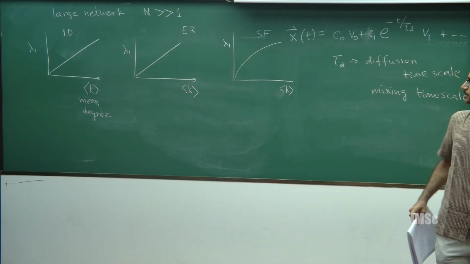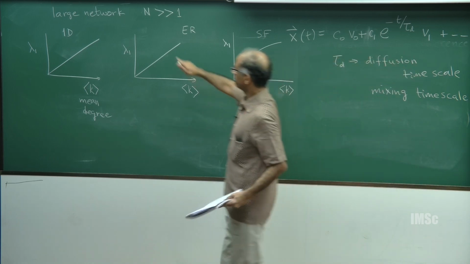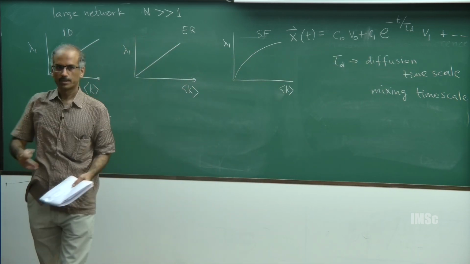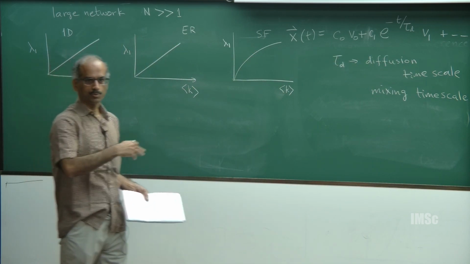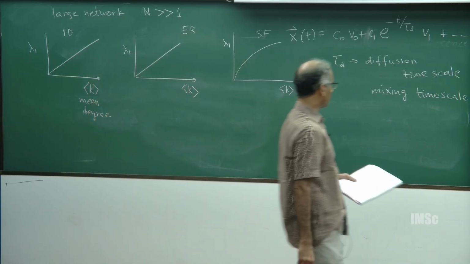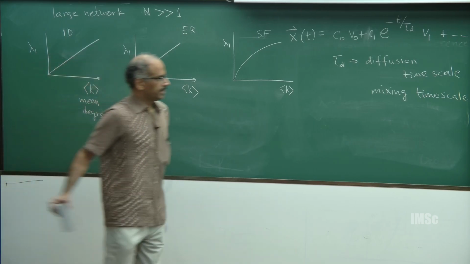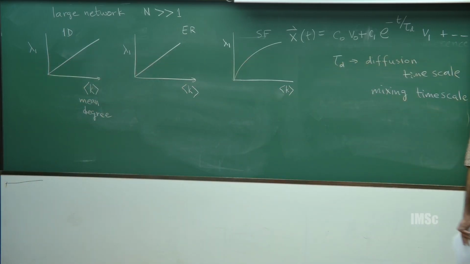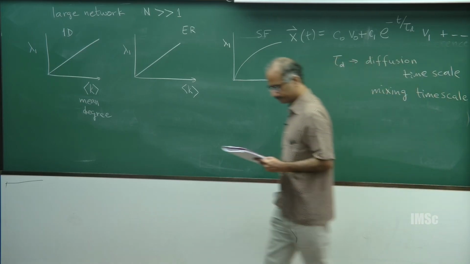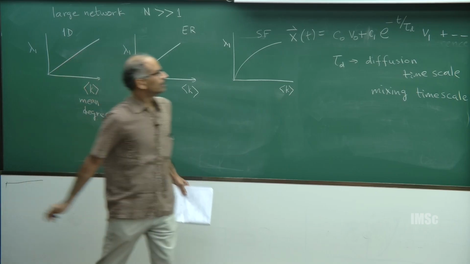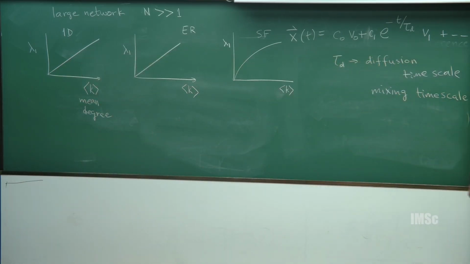If your network has n nodes, then there are other n minus 1 or n minus 2 eigenvalues. They are called the bulk of the eigenvalues. What can we say about them?